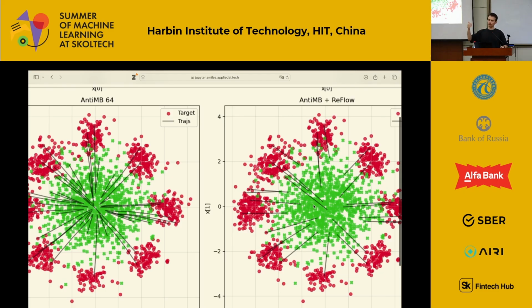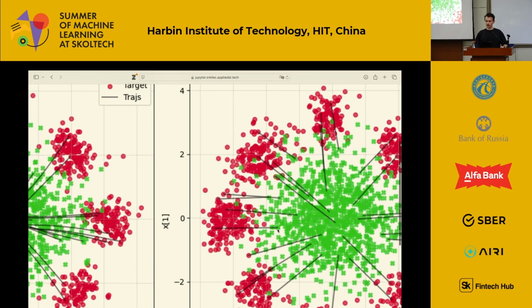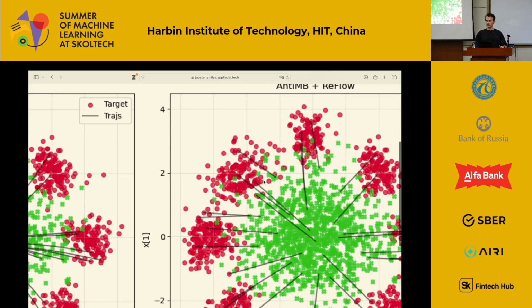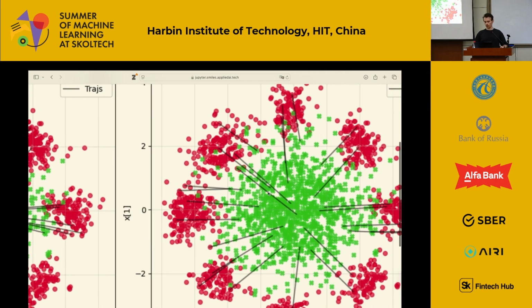But you would also need to fit all the 8 Gaussians, so it cannot be exactly the point that you started from, because this point is not from the 8 Gaussians distribution. So you would have to solve some kind of optimization problem. For example, if you start from this point, you take the closest point to it from the 8 Gaussians. If you start from this point, the closest point from the red distribution is some point from this Gaussian, etc. Not from this Gaussian. So if you have the optimal transport plan, you will not go from here to here, but you will go from here to the closest Gaussian.